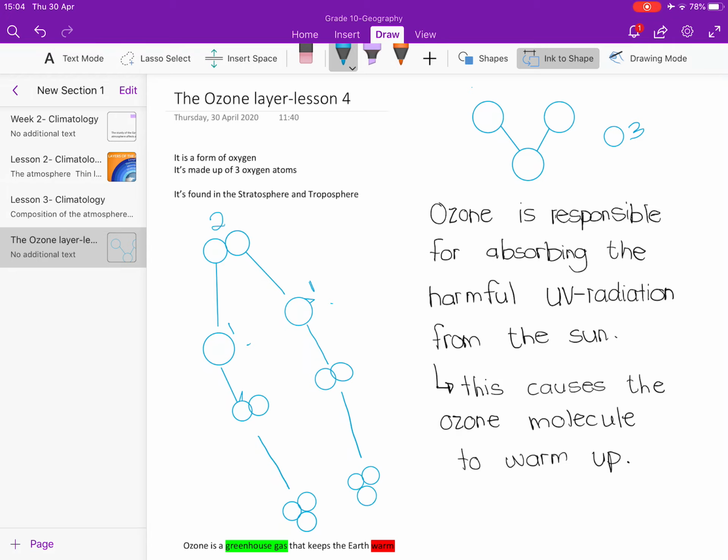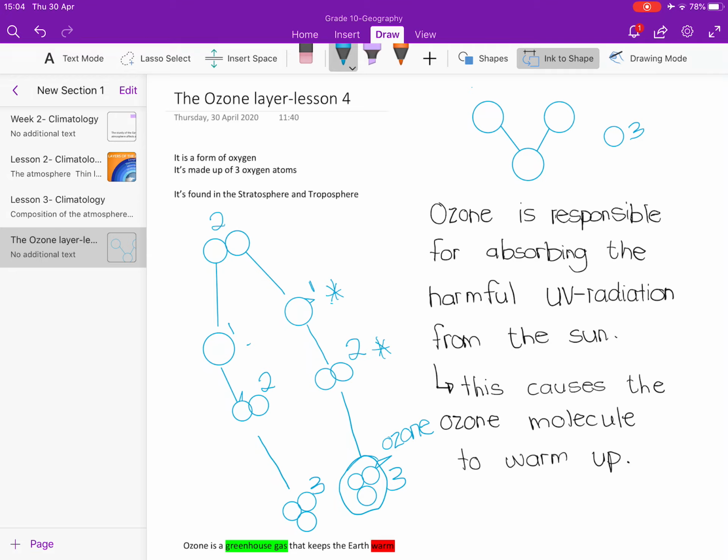So basically, there's 1, there's 2, there's 2, and they join up to form 3. So here it is, oxygen alone, 2 oxygen atoms together, and when they form groups of 3, then we call it an ozone molecule. So the moment it reaches the number 3, you call it an ozone molecule.